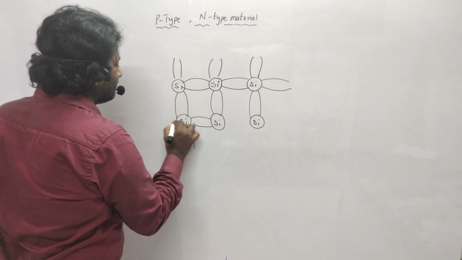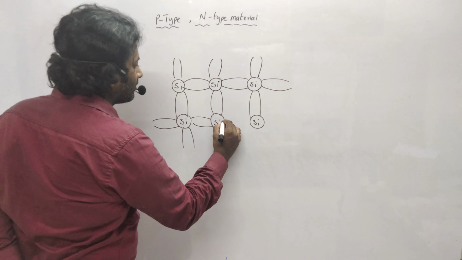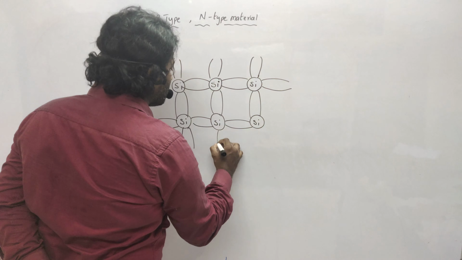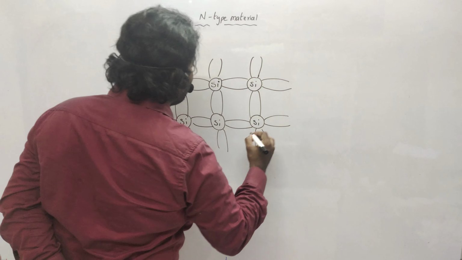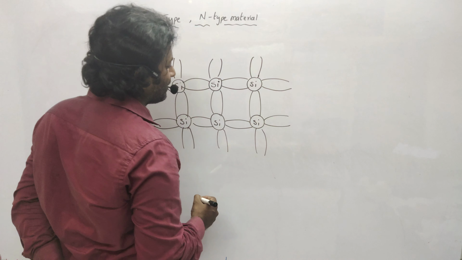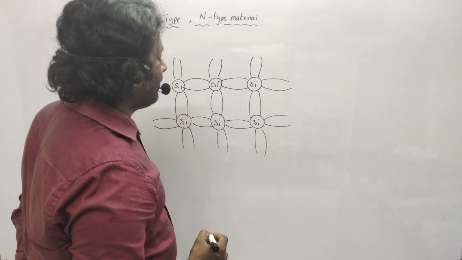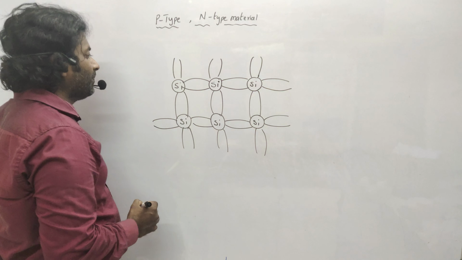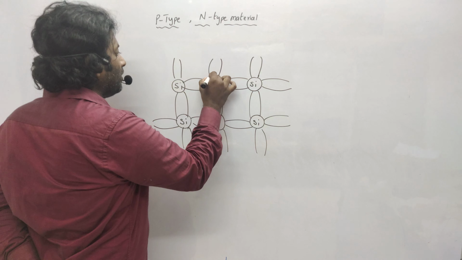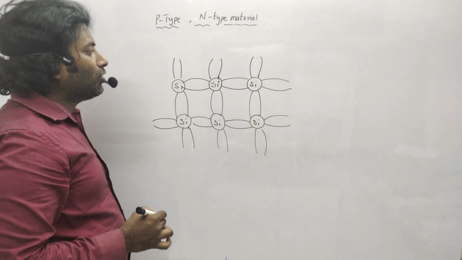It is continued like this. So how many valence electrons are there, in the previous session? We observed 4 valence electrons are present at every silicon atom. Okay. So I am showing here silicon structure.